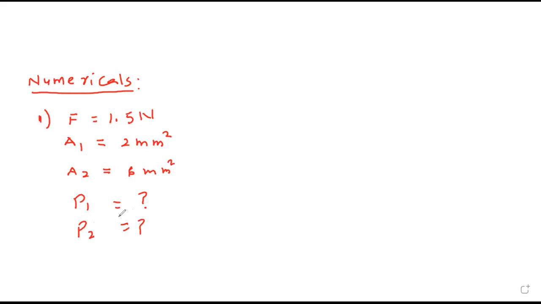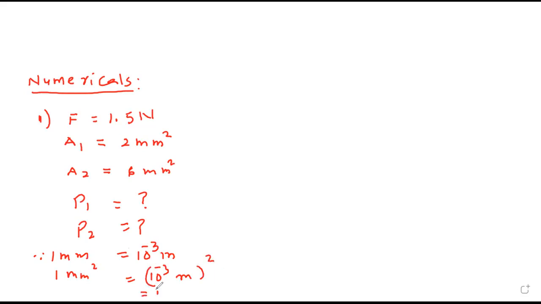Important here is unit conversion. What is 1 millimeter? Is it 10 raised to minus 3 meter? So 1 millimeter square will be 10 raised to minus 3 meter, the whole square.